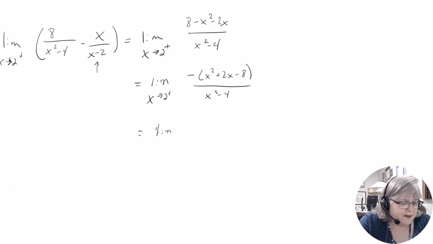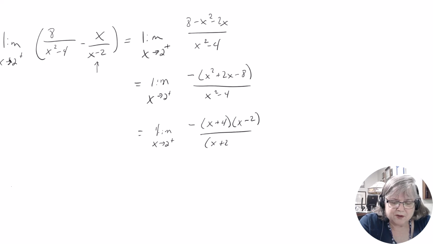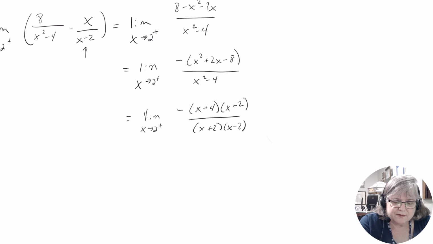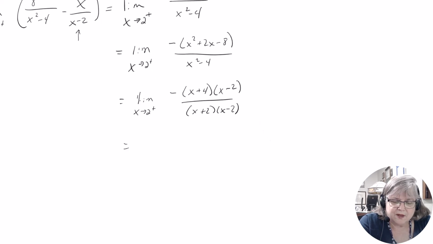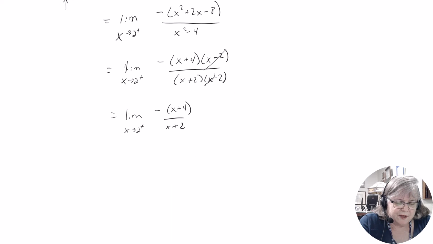So this is the limit as x goes to 2 of minus, this is x plus 4, x minus 2 over x plus 2, x minus 2. So these cancel, leaving the limit of minus x plus 4 over x plus 2. And when you substitute that 2 in, you get minus 3/2.